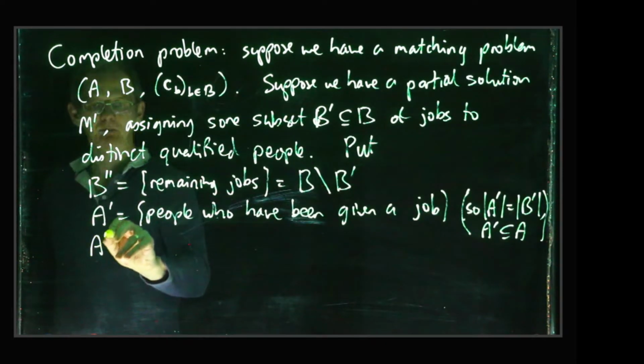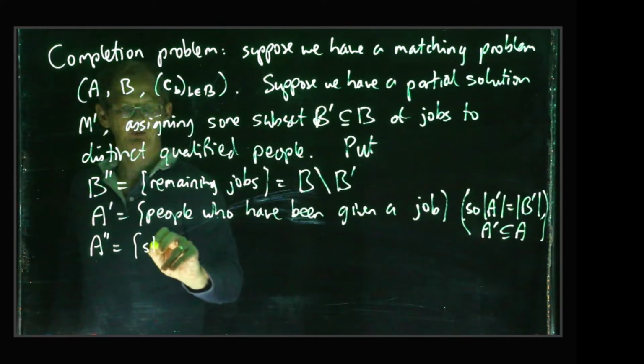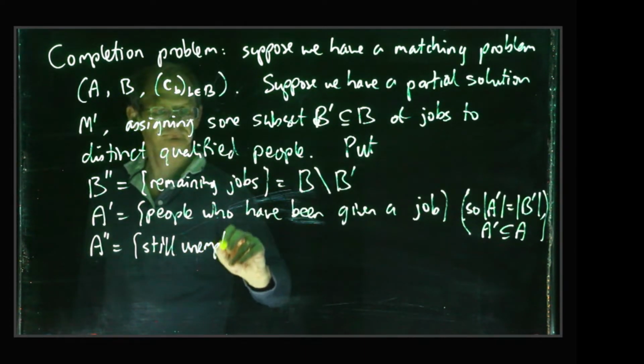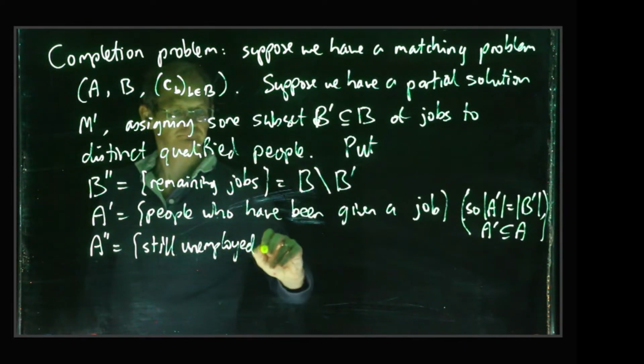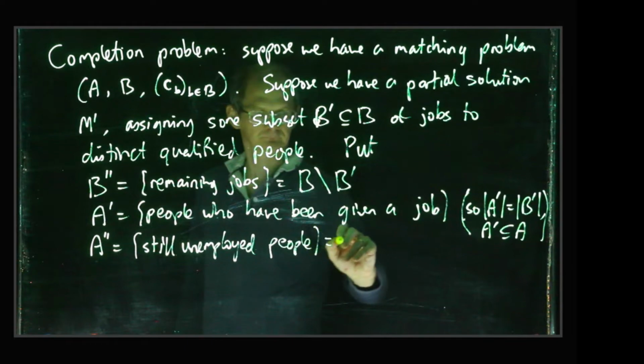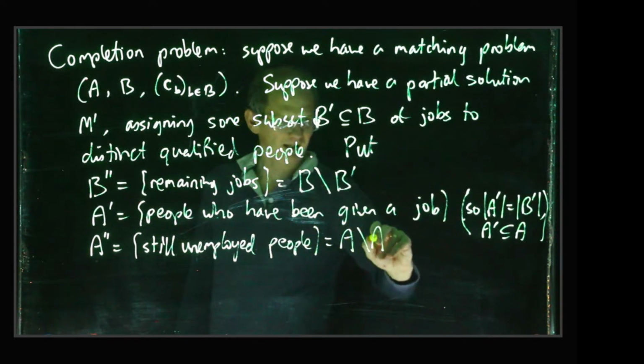And A double prime is the set of still unemployed people. So that's A with A prime removed.